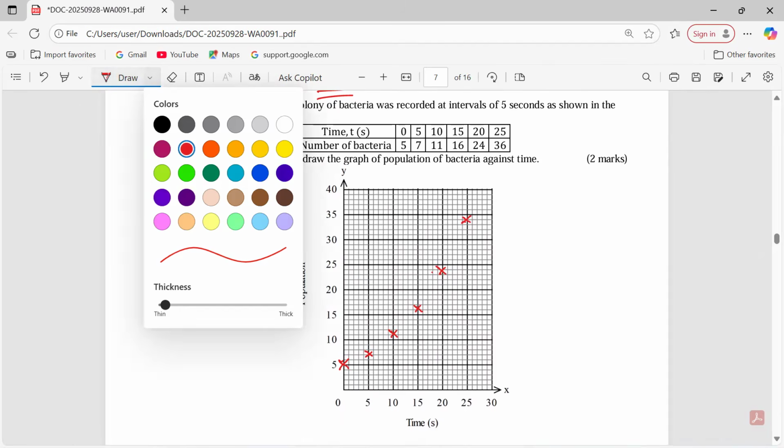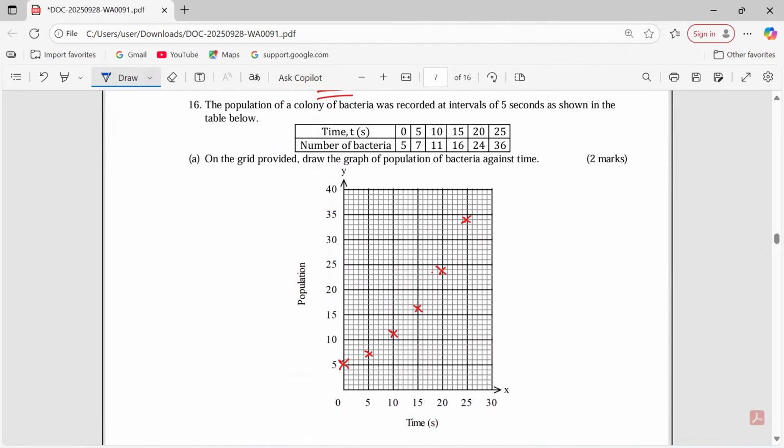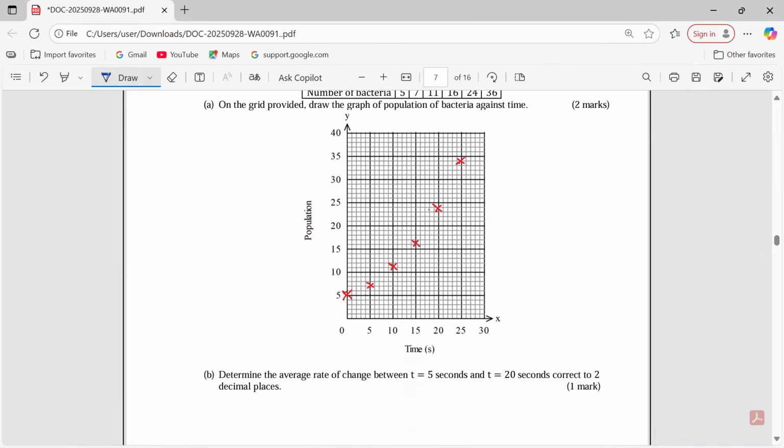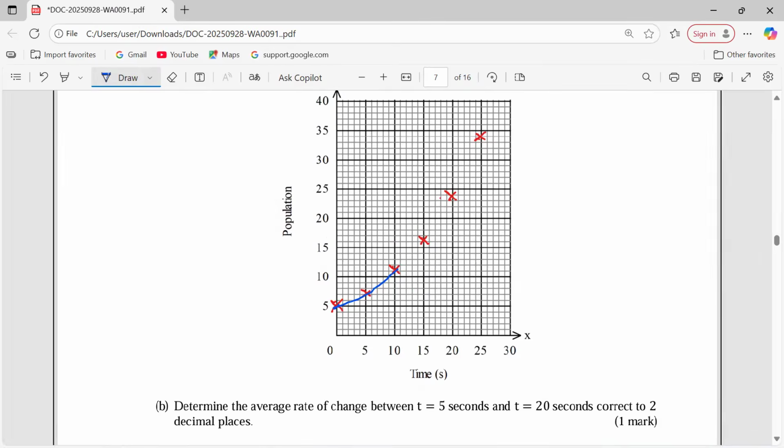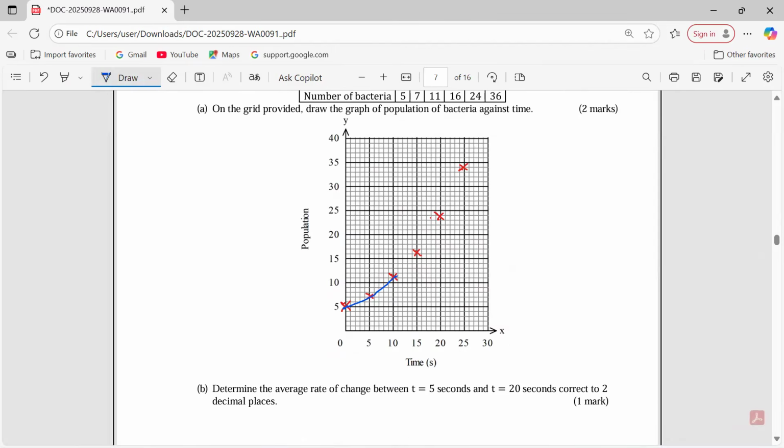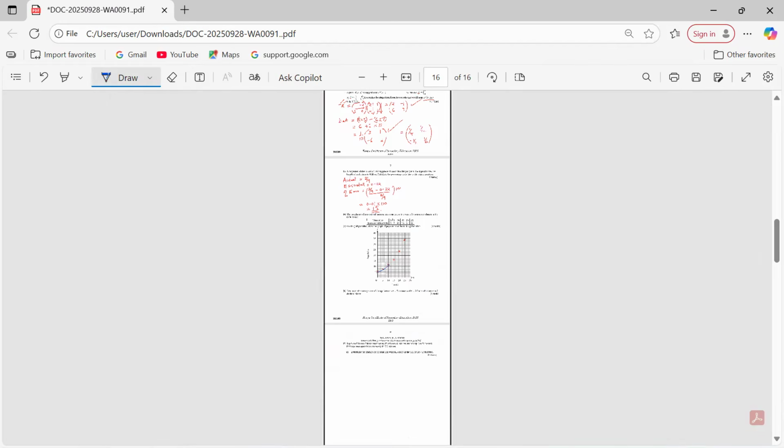So we have the points properly plotted. Let me do the curve. Curve should be very smooth. Very smooth. Without any joints.